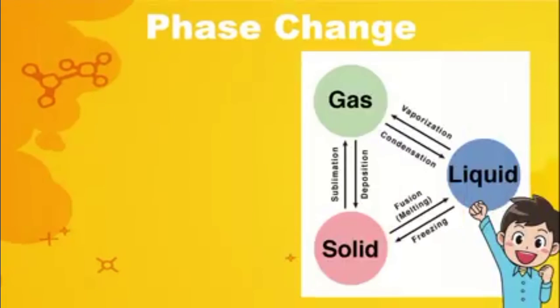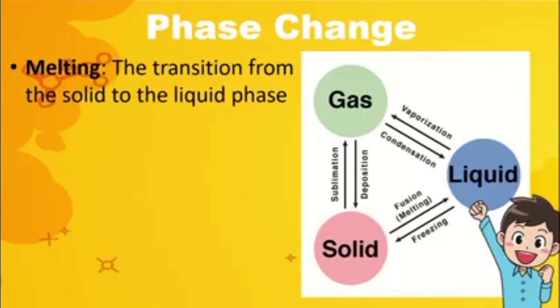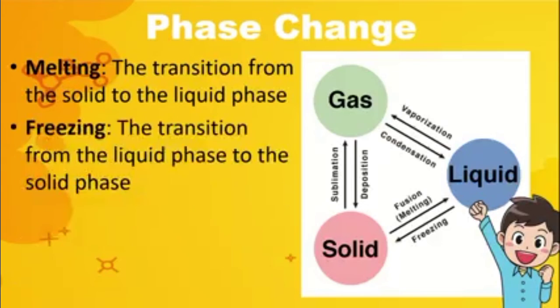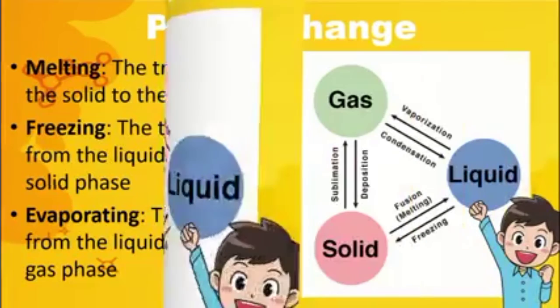To recap, let us review the important aspects of phase change. Melting is the transition from the solid to the liquid phase. Freezing is the transition from the liquid phase to the solid phase. Evaporating or vaporization is the transition from the liquid phase to the gas phase.